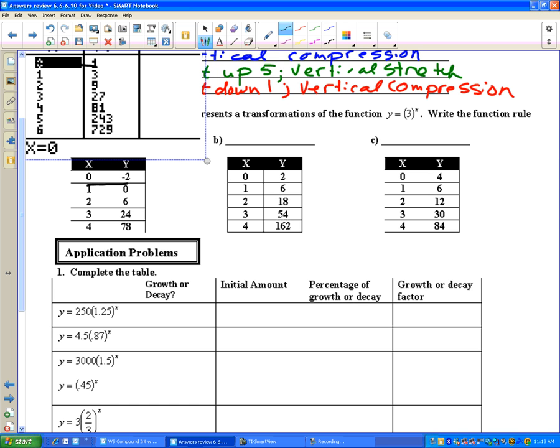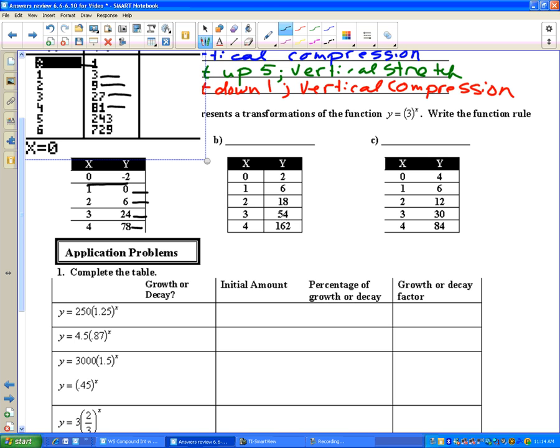What do I do to 1 to make it -2? I can either multiply by -2 or I could subtract 3. I'm going to subtract 3. So if I subtract 3, I get 0. If I subtract 3, I get 6. If I subtract 3, I get 24. If I subtract 3, I get 78.